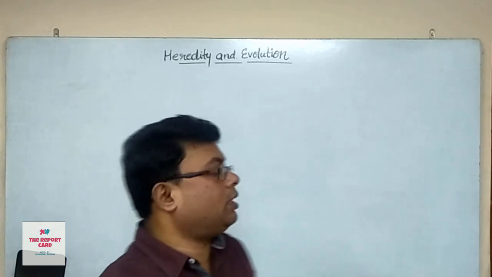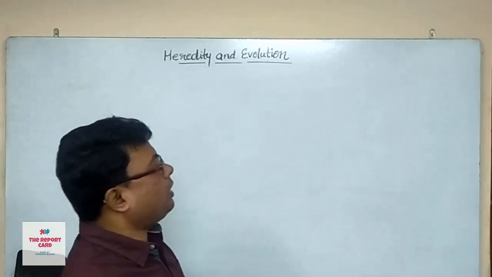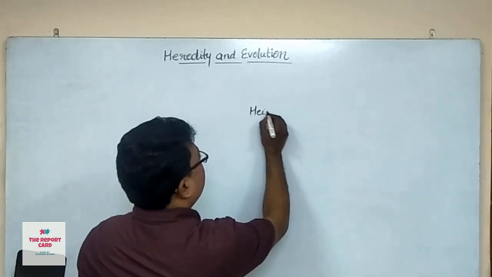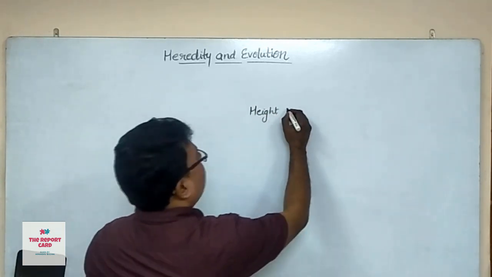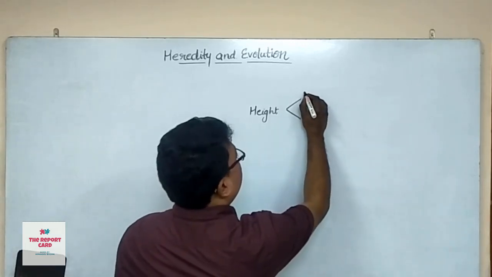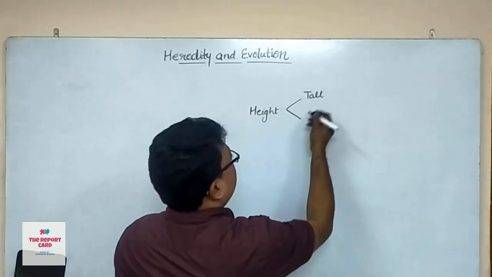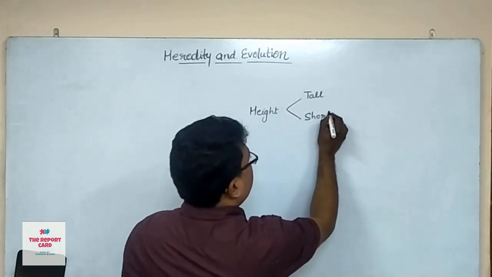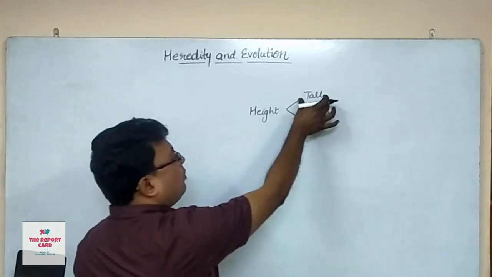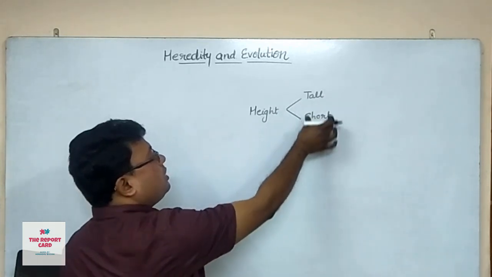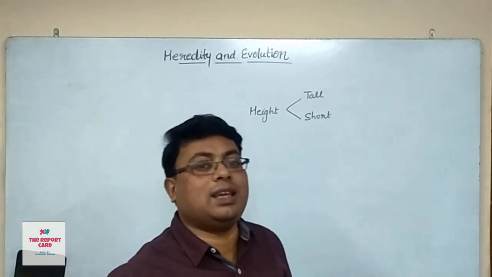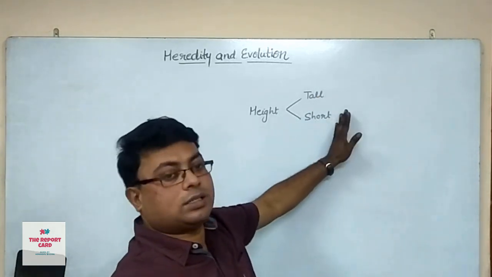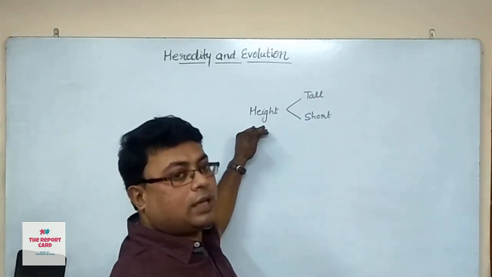For example, I'm going to take one character, that is height. This height of the plant or any organism can have two traits. It can be tall, it can be short. So now I have to study the inheritance of these two traits or two alleles, a single pair of contrasting traits for a particular character.